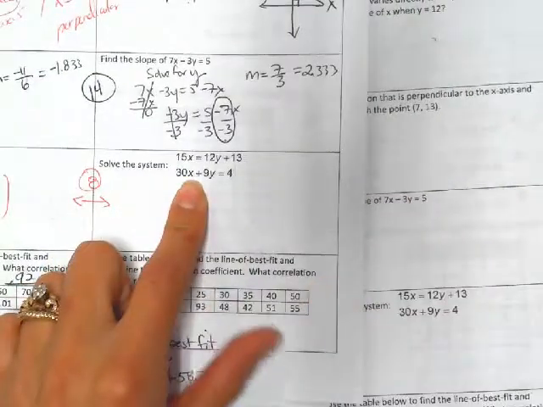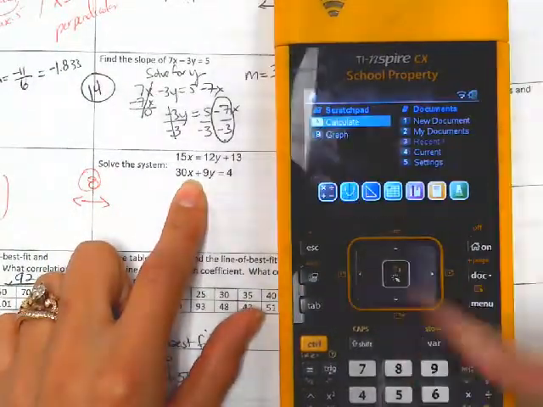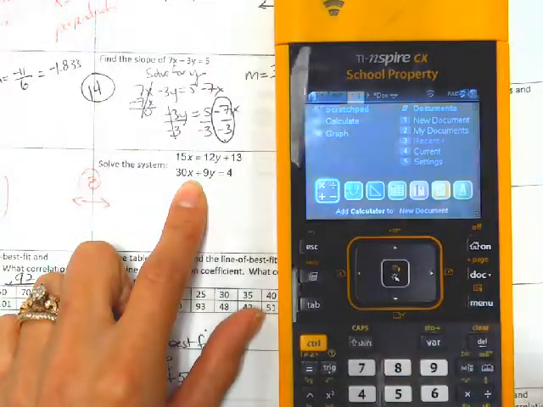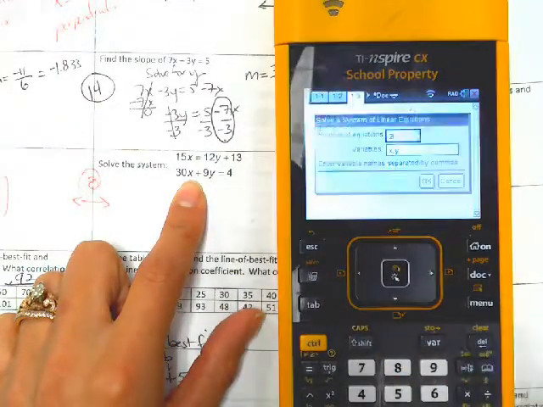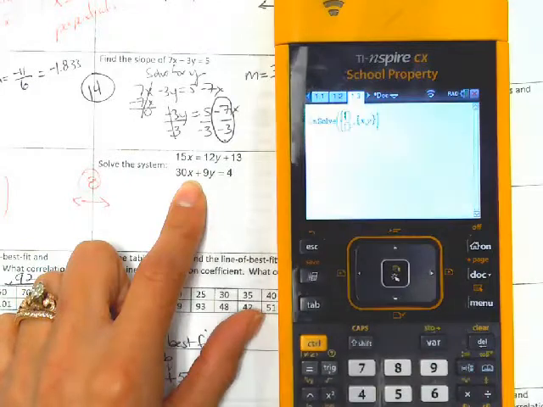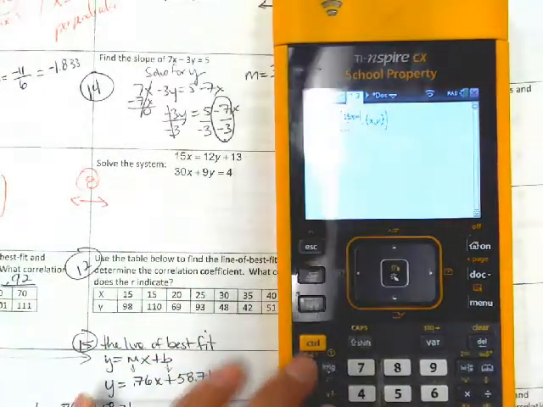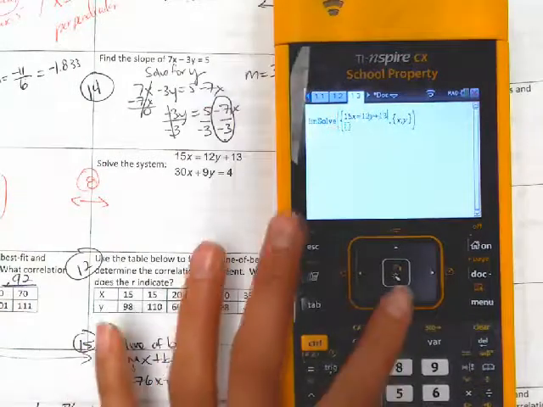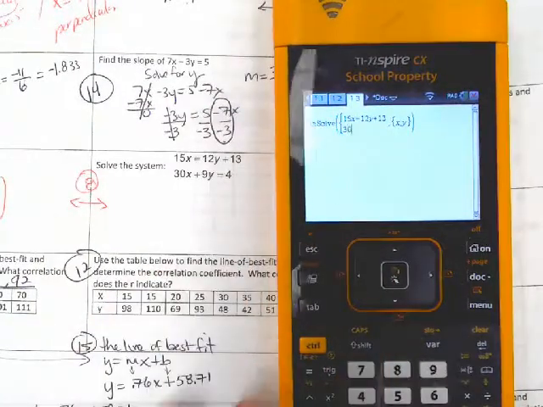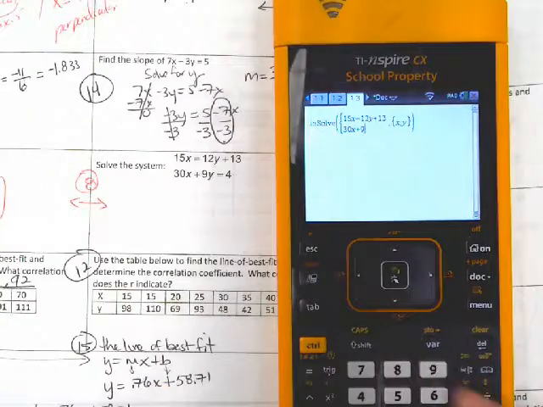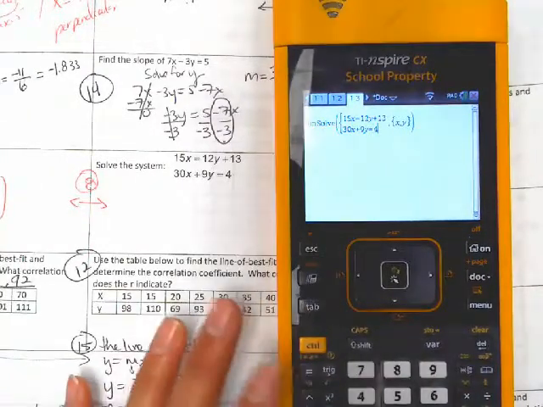Alright, next one, solve systems. So that one again is just a calculator one. Menu, algebra, solve systems. We can leave that one as x and y. Plug in the first equation, 15x equals 12y plus 13. 30x plus 9y equals 4.